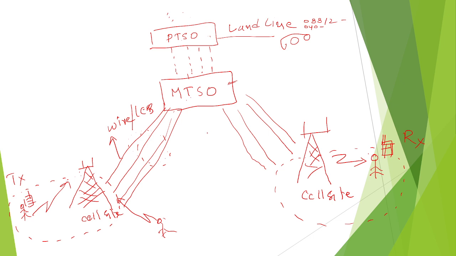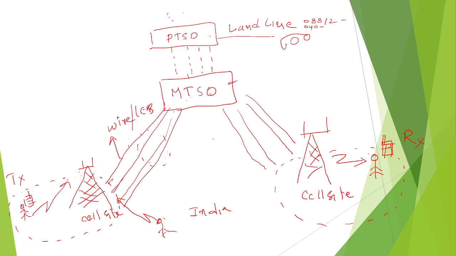For example, if you want to make a call from here to another country, what will happen? I am assuming this is India. In India, if you initiate a call, the call is received by the nearest cell site, and the cell site passes it to the MTSO.